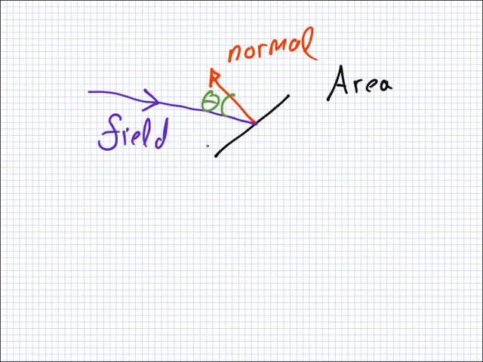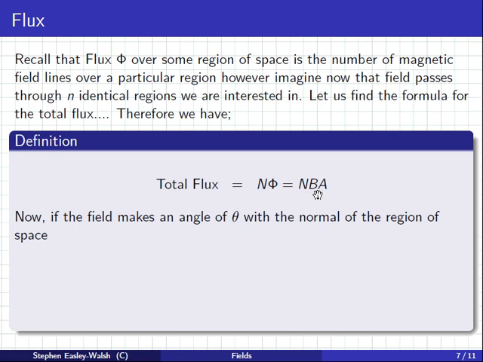So just like before, if that's theta, then this is theta, and this is cos, and this is sine. And which one would we care about, the cos or the sine? The cos. So the only difference between this formula when there's an angle is what appears? Cos theta.